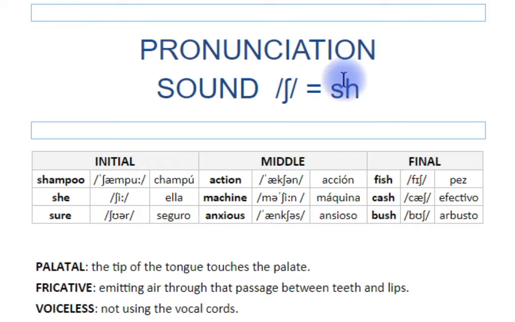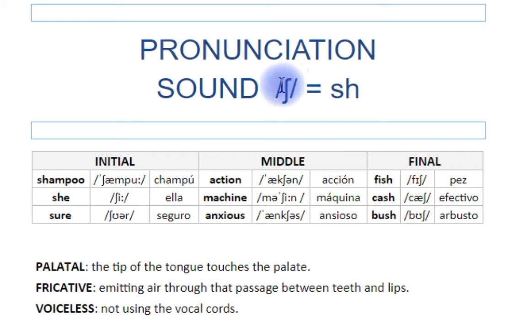This time we are going to study the sound sh, the sh sound, which is represented by this symbol, this long high S that you will find in Wordreference and other dictionaries as the phonetic transcription for this sound.